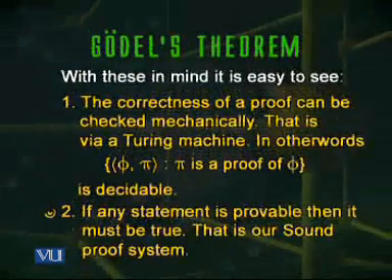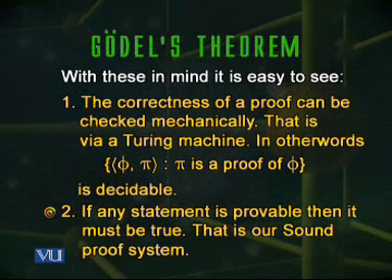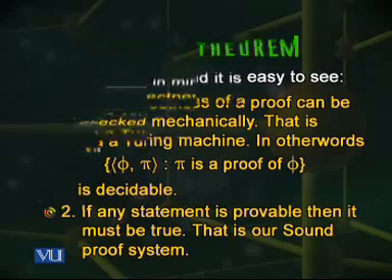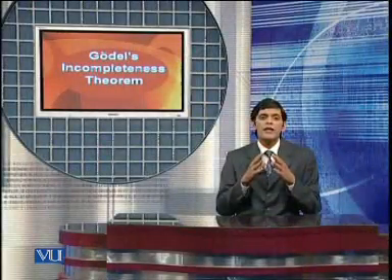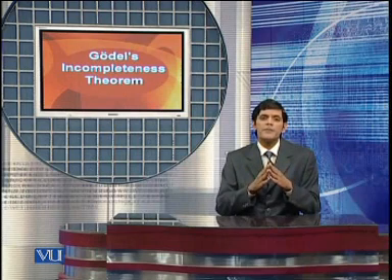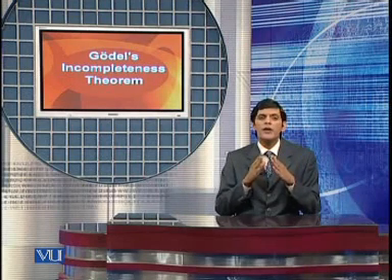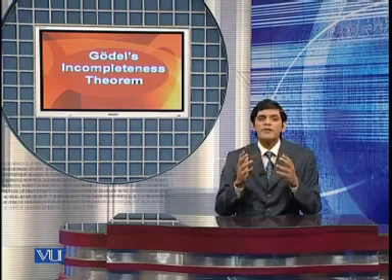The next observation we will make is that if any statement is provable, then it must be true, that our proof system is sound. What soundness means is that using our proof system, using our mathematical proofs, we can never prove absurdities.